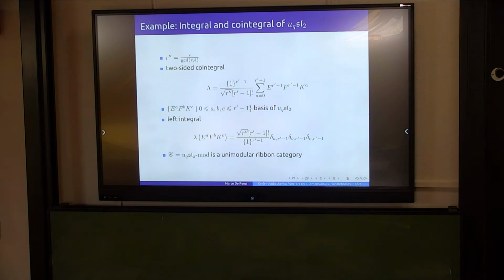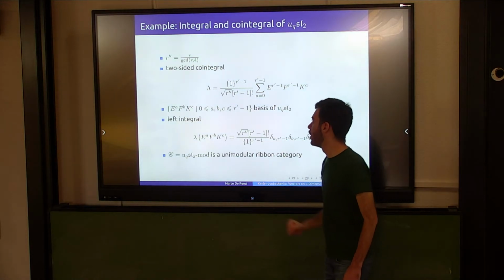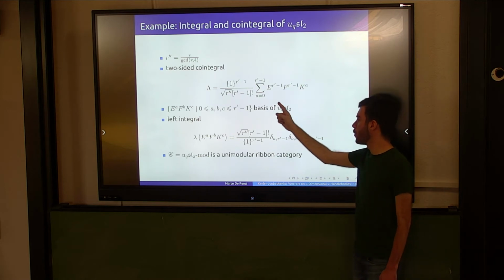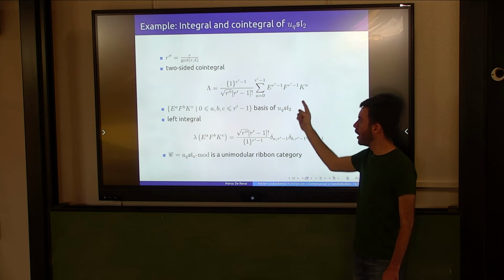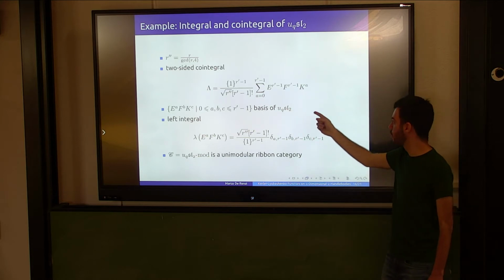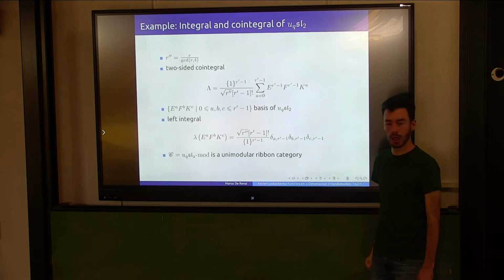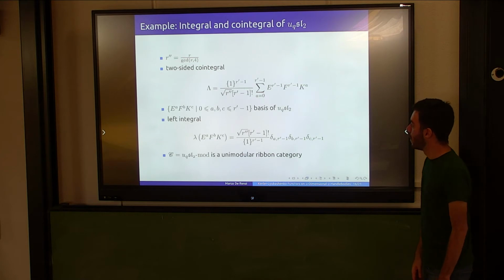And the cointegral, so forgetting about this coefficient in front, you should just remember that it's the product of the highest powers of E and F, and it's a linear combination with all possible powers of K on the right here. And you should sum over all of them.